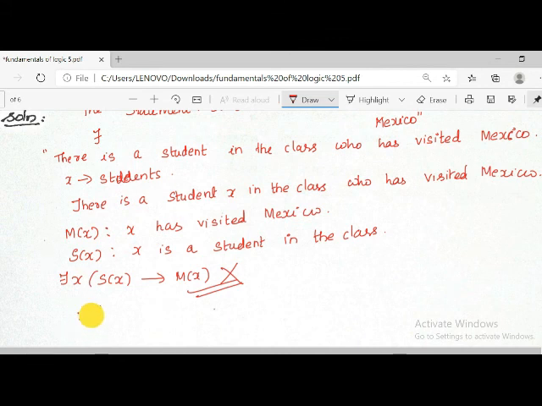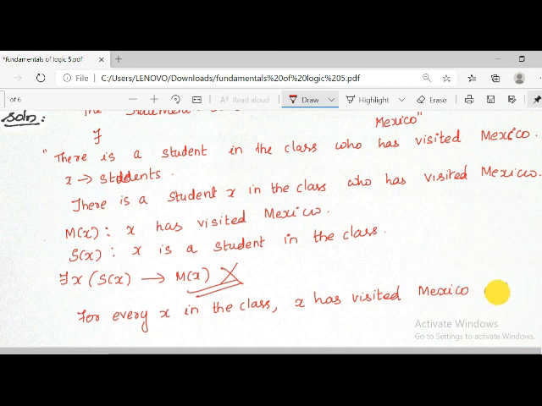I can rewrite the sentence: for every student, that means for every x in the class, x has visited Mexico or x has visited Canada.